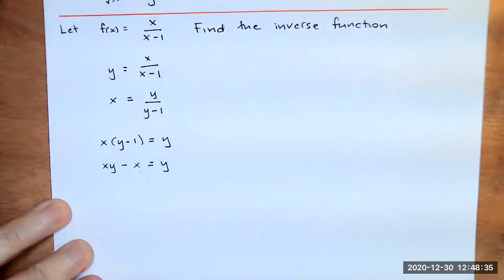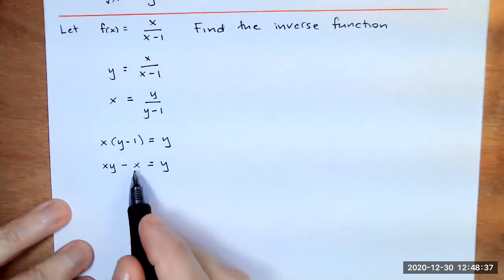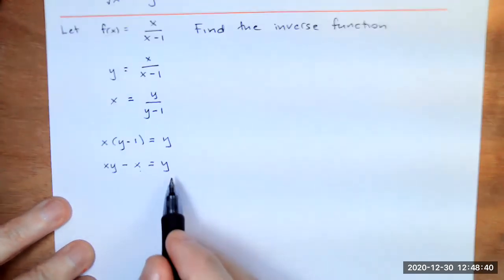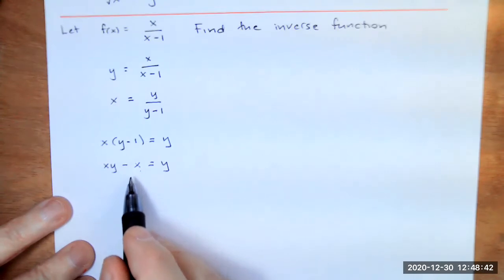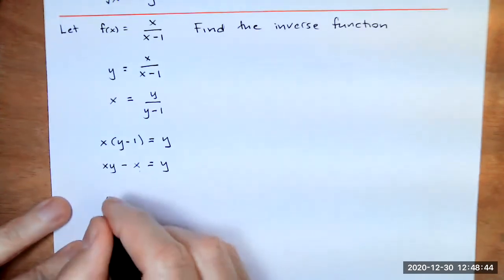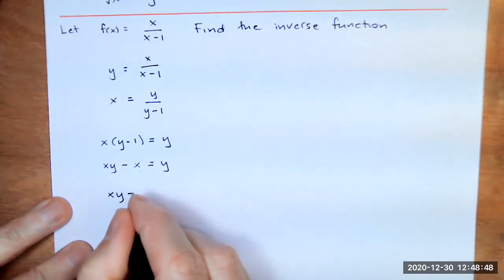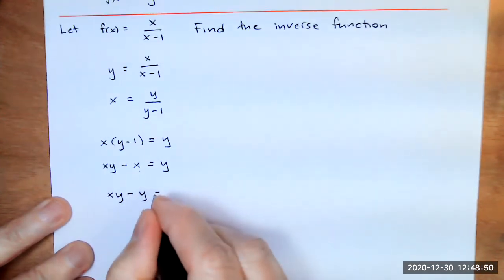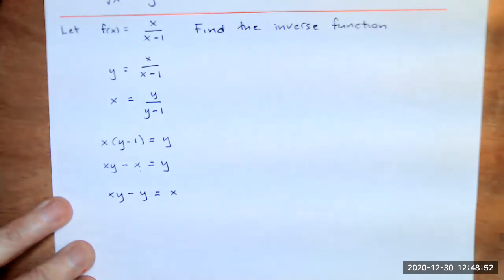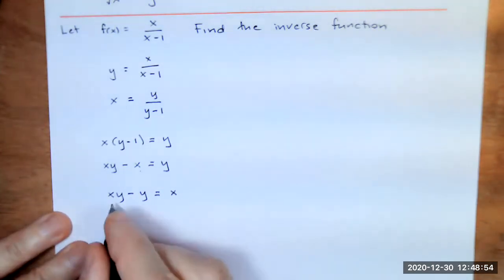And distribute. And then we want to get all of the y on one side and all of the x on the other side. So subtract y from both sides and add x to both sides. Then I can factor out a y.